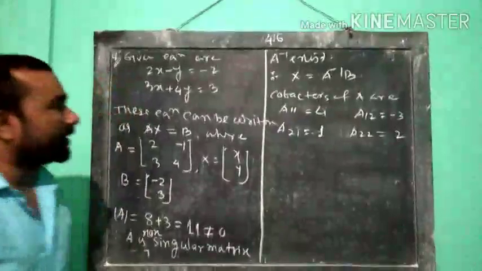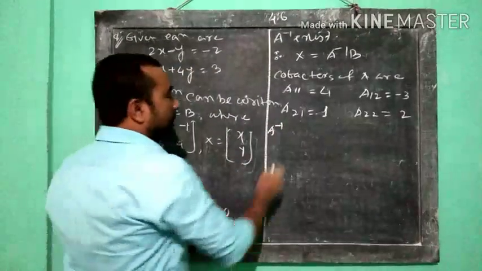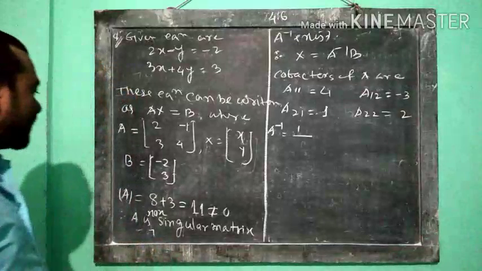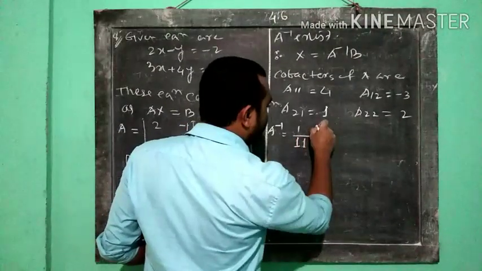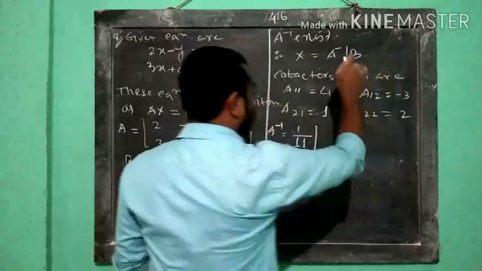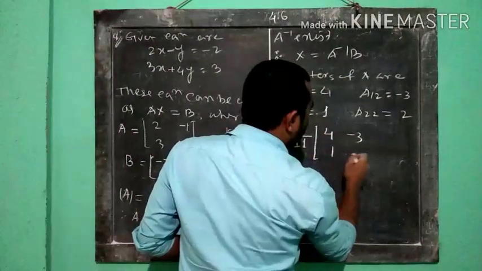Therefore A inverse equal to 1 by determinant of A. Determinant of A is 11, so write directly 1 by 11 here. And adjoint of A is what? Adjoint of A is the transpose of 4, minus 3, 1, 2.